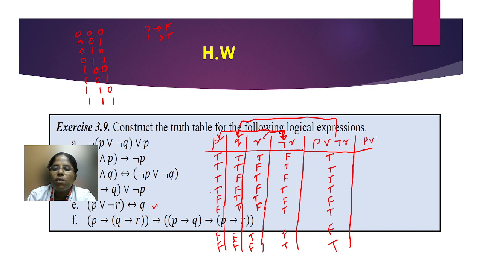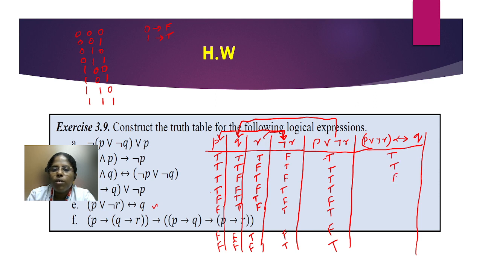So this is P or not R, if and only if Q. If and only if Q means if both truth values are the same, then you will have true, otherwise it is false. So both should be true. So it becomes true because both are true here. Next thing also true.